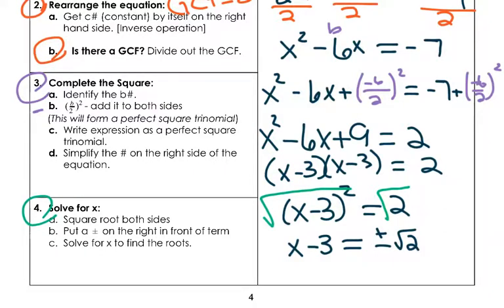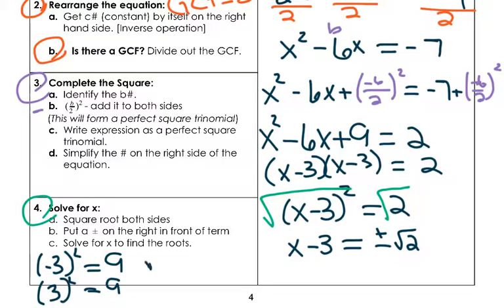Side note over here, let's just think about that for a second. If I were to ask you what was negative 3 squared, you would tell me 9. And if I said what was 3 squared, you would also tell me 9.